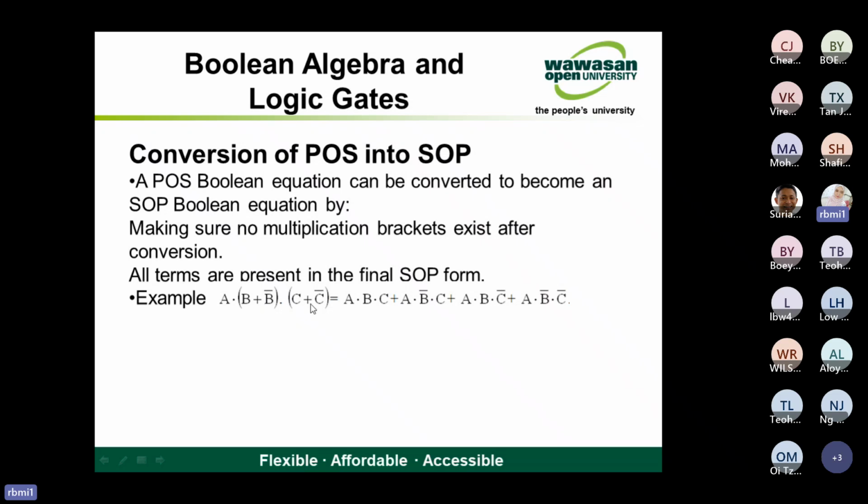Like this one here, we have all terms present in the final sum of product form. Here we have a product of summations, and this is the expression. To make sure no multiplication brackets exist after the conversion, we have multiplied all the components together.